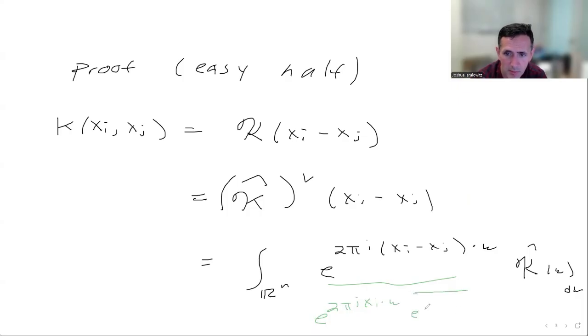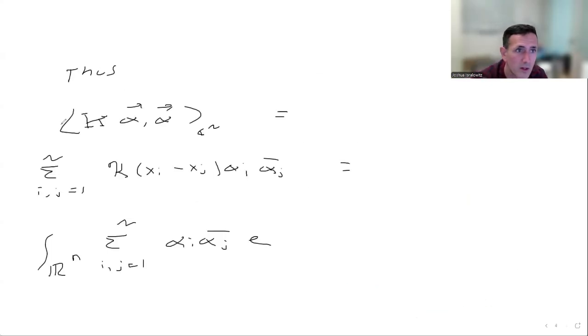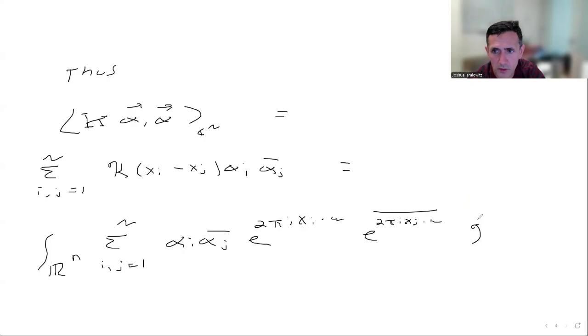And because it's minus, the complex conjugate, e to the 2 pi i xj dot omega. So just plug this in. We're almost done. We have the Fourier transform here.